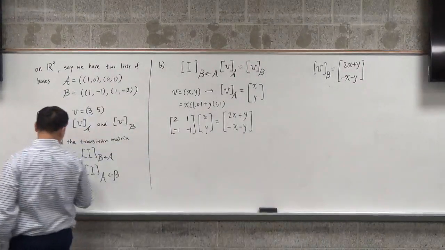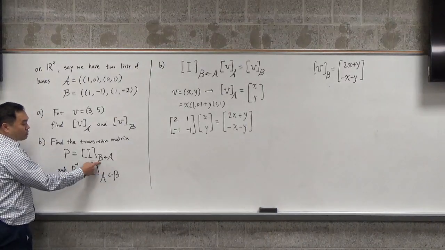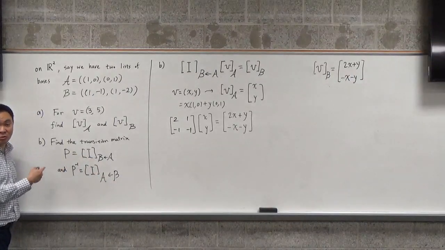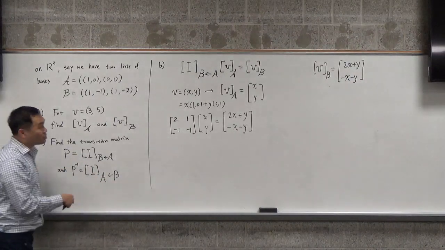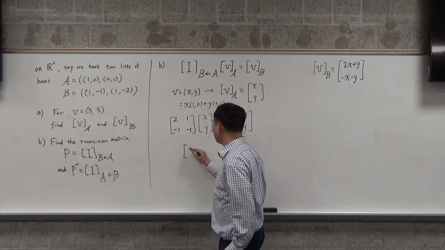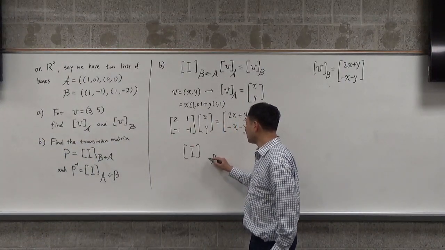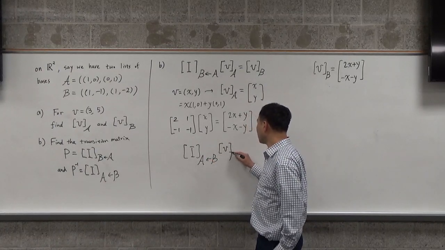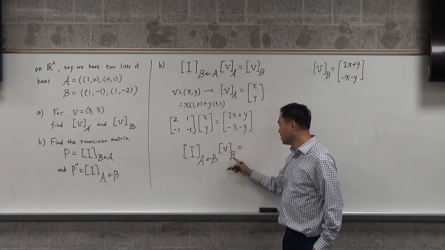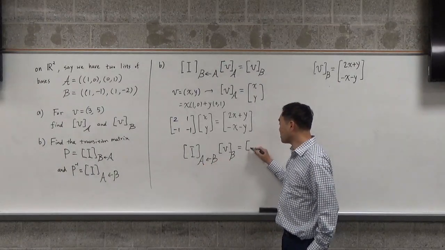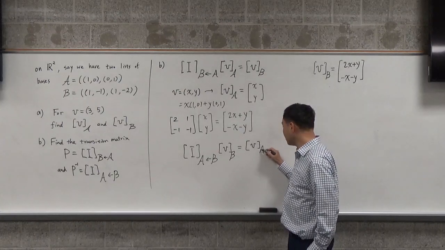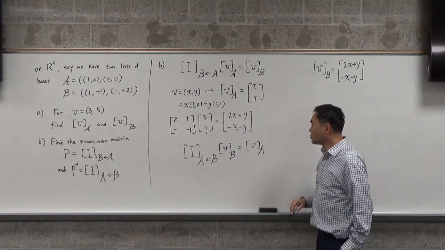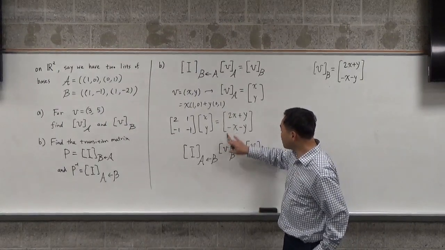See, if the transition from basis A to basis B is called P, then the one that would take the opposite direction would be the P inverse, right? Because if you were to write down I from beta to A multiplied to V beta, what would that be? B would be taken to representation in A, right? Is that right? So that would be like having this one here and this one there.